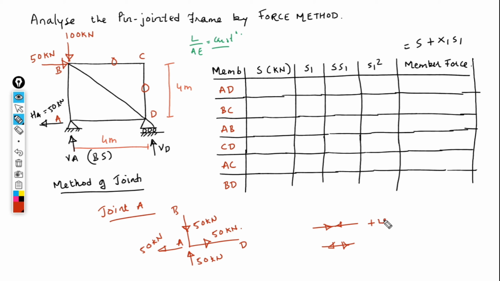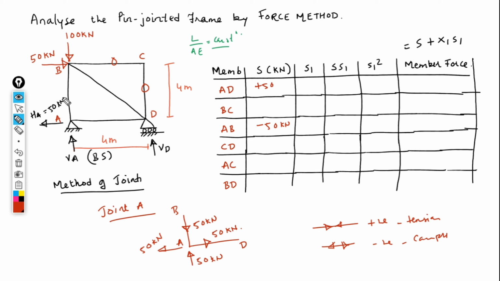Tension will be positive and compression will be negative. The member force in member AB is towards the joint, so it is minus 50 kilonewton. The member force in member AD is away from the joint. Away from the joint is tension, plus 50 kilonewton.